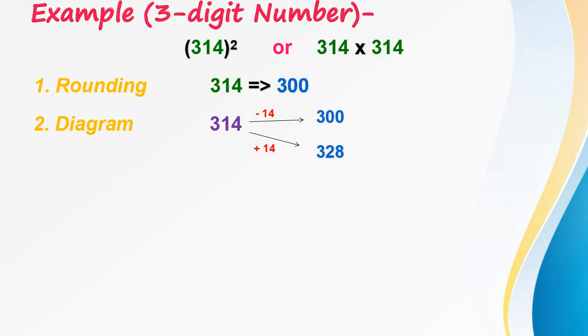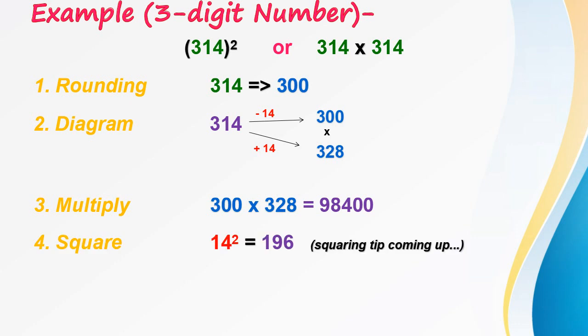Next, step 3. Multiply 328 and 300. This is equal to 98400. Then step 4. Square 14. 14 square is equal to 196.